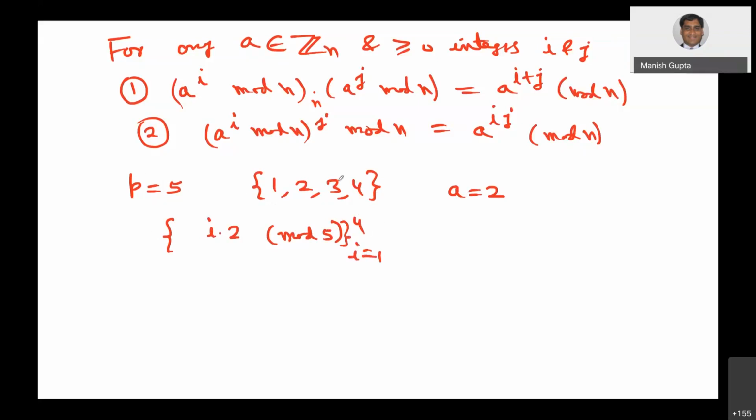So I multiply all these numbers by 2. 2 into 1 is 2, 2 into 2 is 4 modulo 5, which remains 4, 2 into 3 is 6, 6 modulo 5 is 1, and 2 into 4 is 8, 8 modulo 5 is 3.